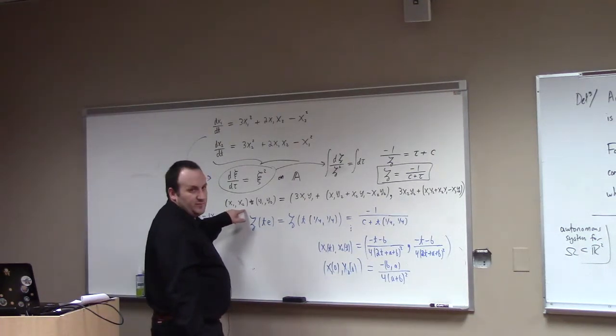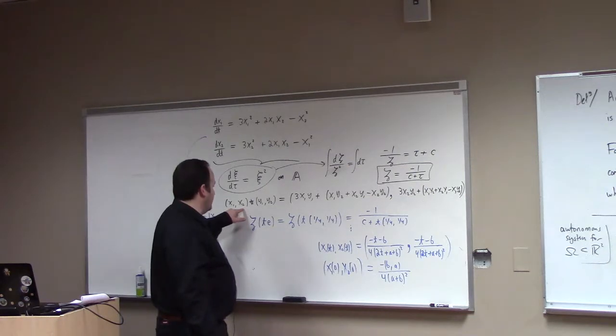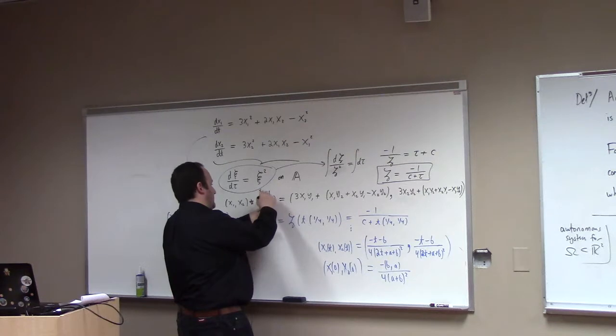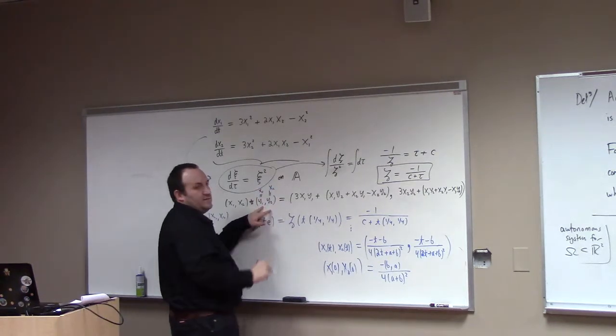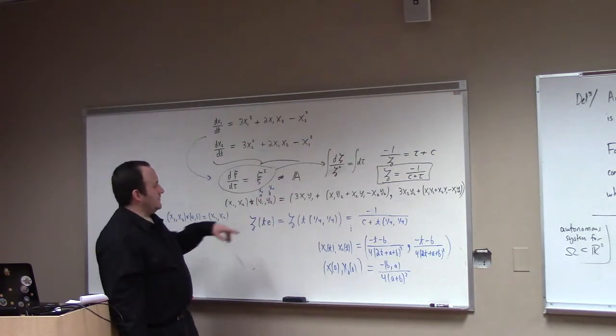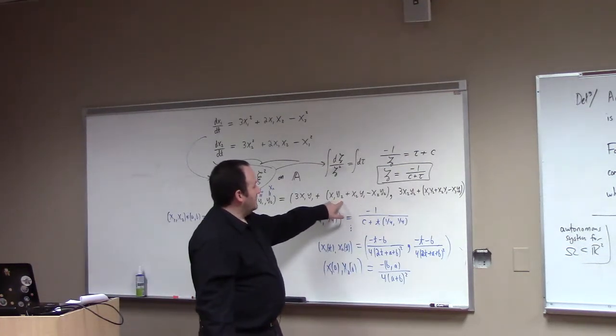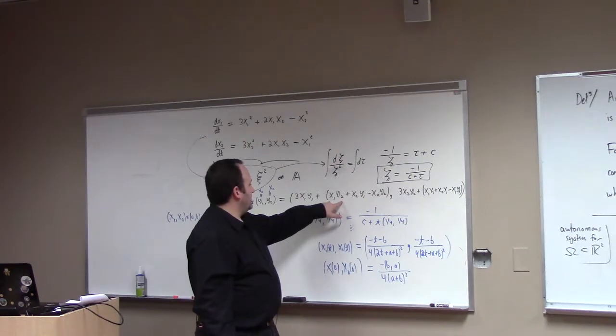What happens if we put x1, x2, and just suppose that these are equal to x1 and x2 like that, right? Then we get 3x1 squared, and here we get what? x1, x2.